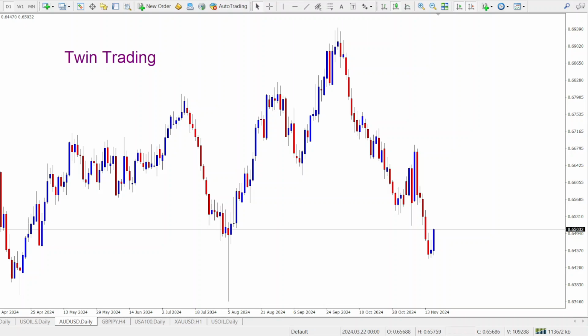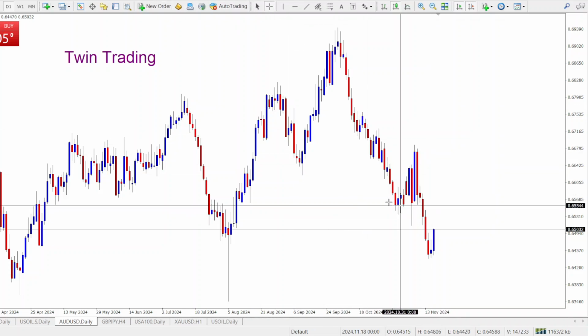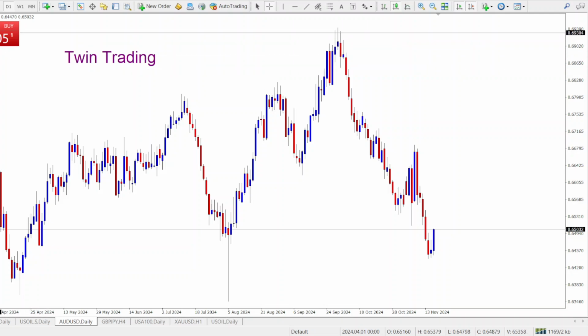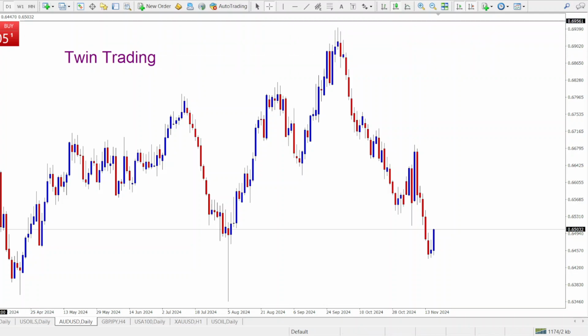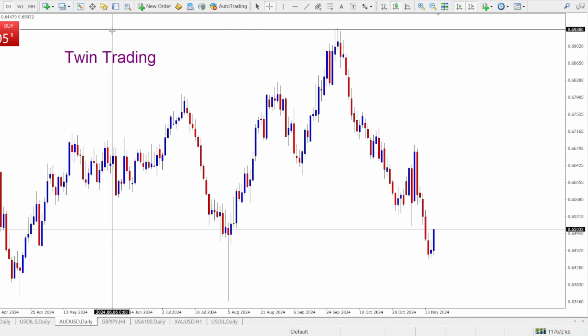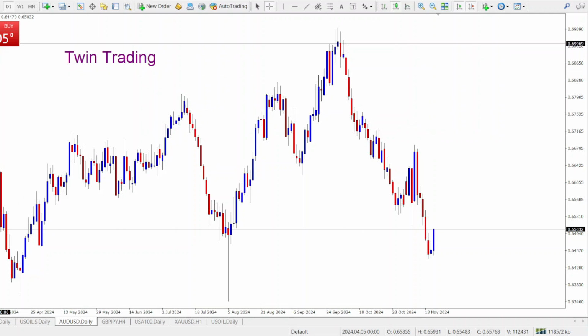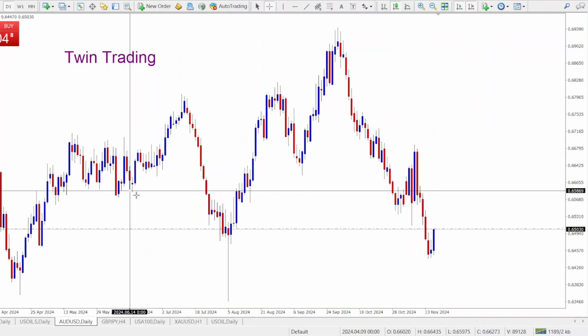So this is a demo account. All right, this is a demo account. So for the purpose of this explanation, I'm just going to be entering two trades. All right, two trades at the same level. So I'm just going to tap this button twice.